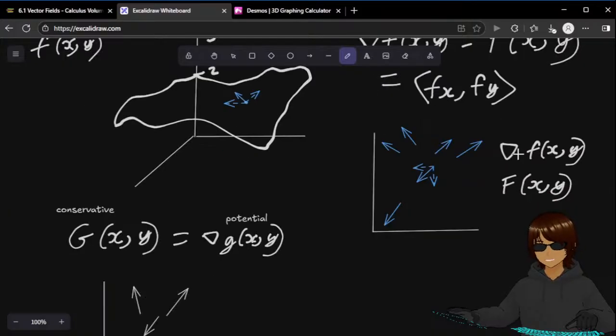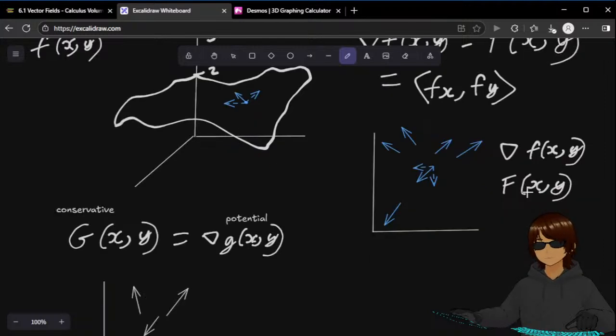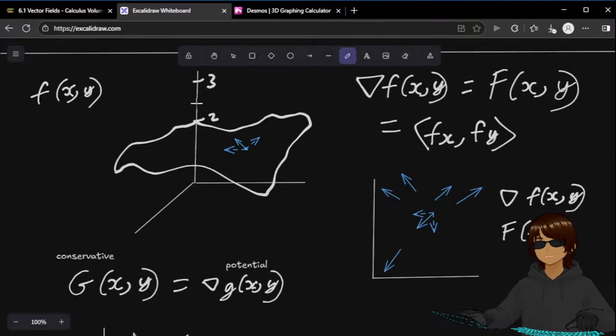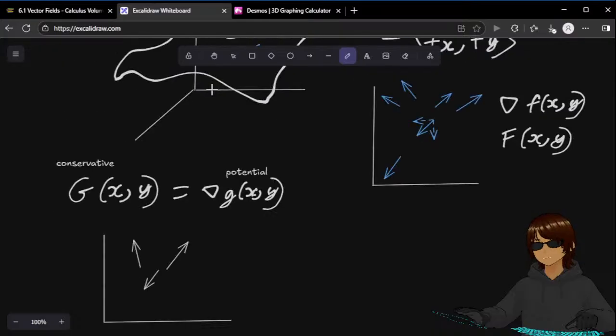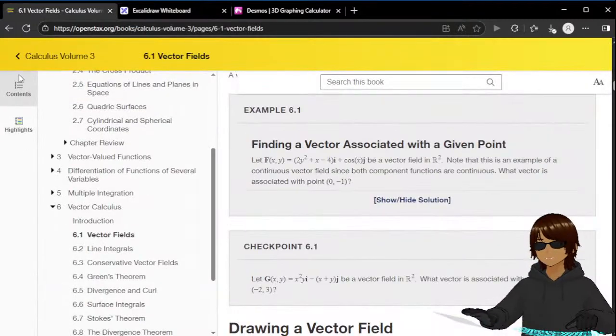If you try to get the original function back from the vector field, there will be a plus c value. So you don't know where the surface is, but you do know the gradient of the surface. So anyway, a conservative vector field has a potential function associated with it. If no potential function exists, then it's not a conservative vector field.